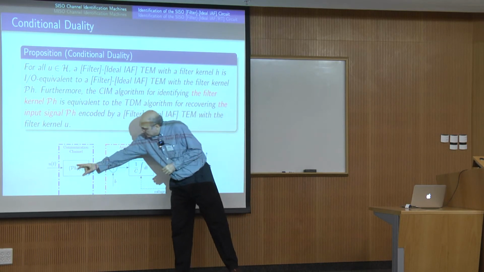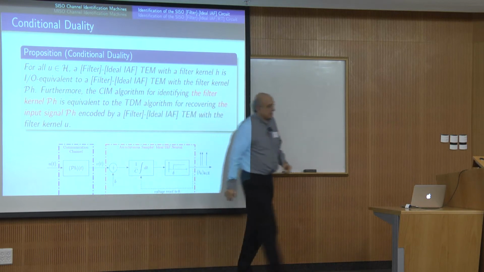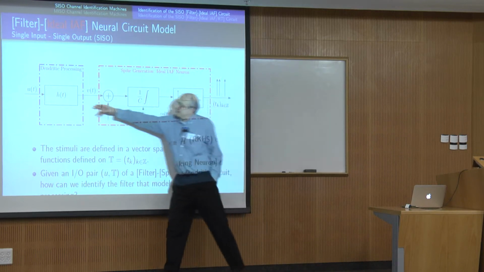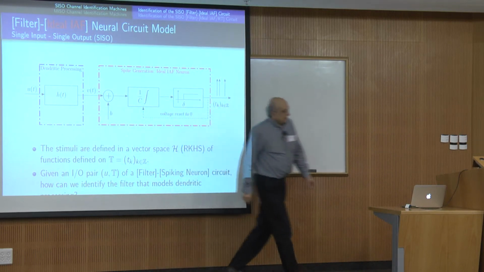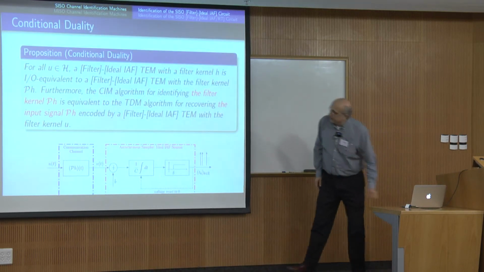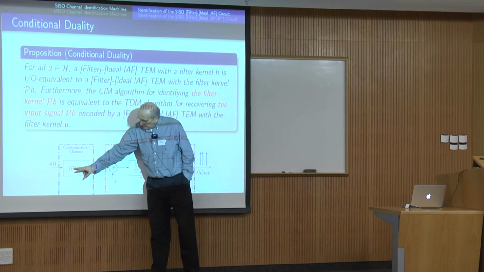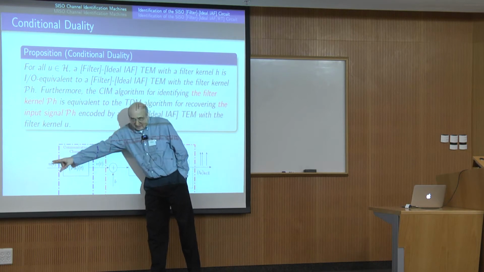And now the question is, what is this box here? So you see in the previous slide, the box there was a filter H, so it was a simple linear operator. And here we also have a linear operator, so it's a filter. But now this is the projection of the filter on the input space.